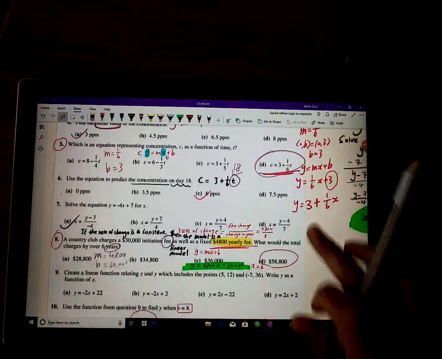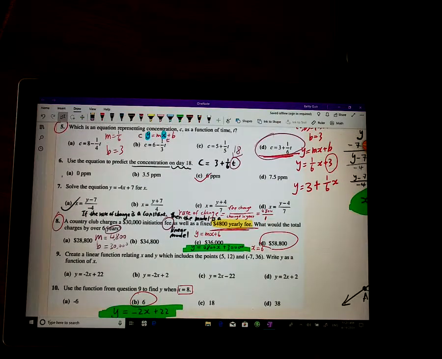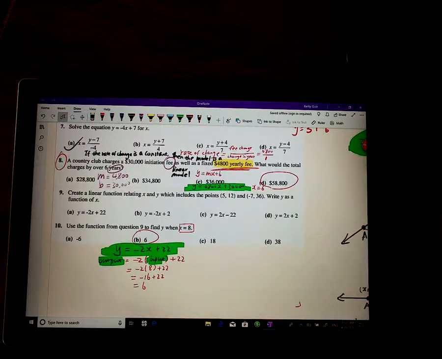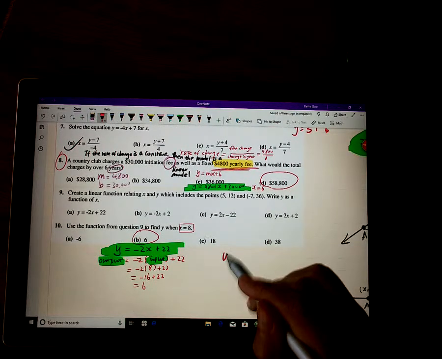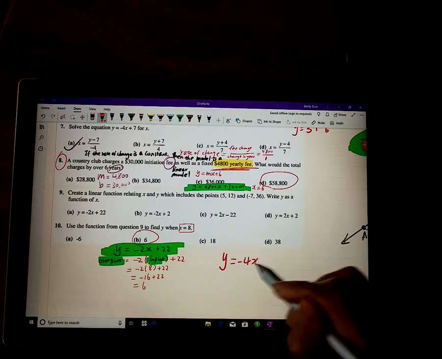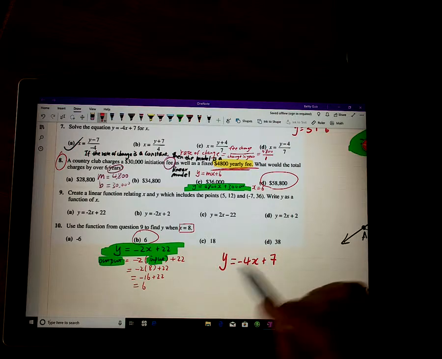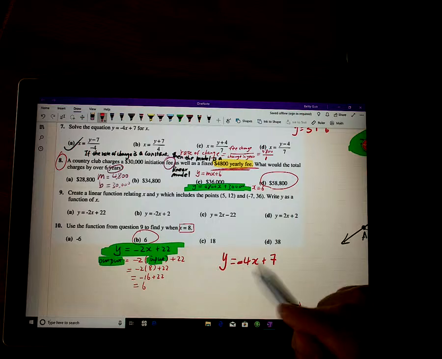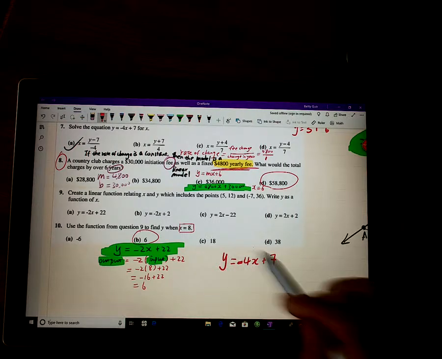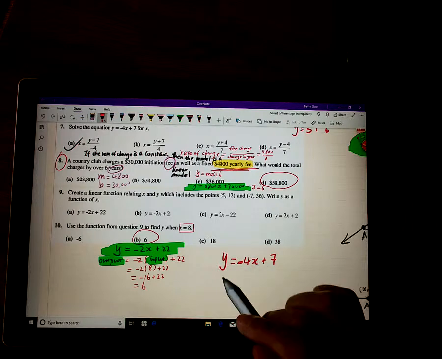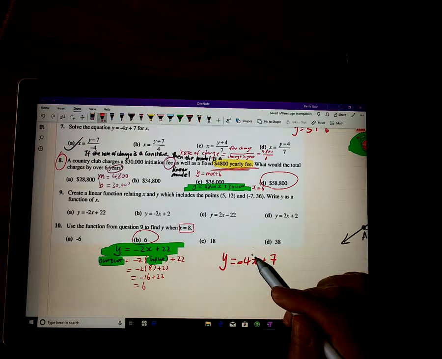Number 7, solve the equation y equals -4x plus 7 for x. Let me write that problem here. Y equals -4x plus 7. Solve that for x. That means we are going to transform this equation and isolate x on one side of the equation. So this is how we do that.